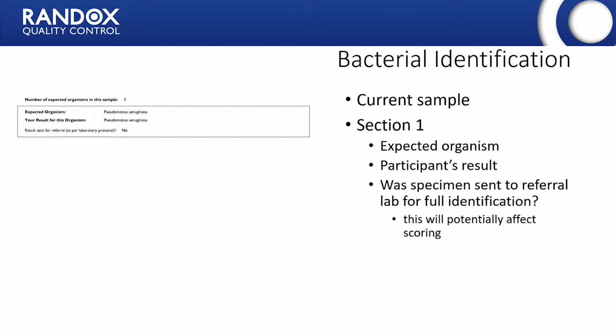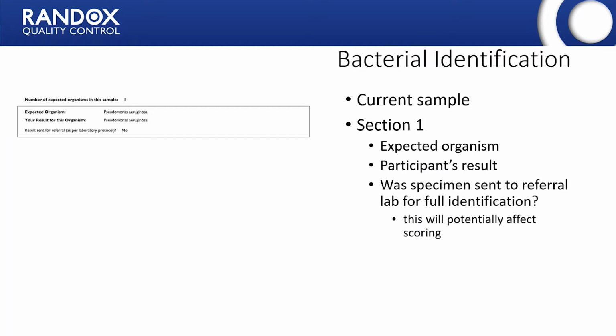If this is part of their protocol, then that's fine. They'll still, as we'll see in the next section, get scored based on the results which are coming back from that referral lab, but they'll be scored at a lower value because they didn't actually do that themselves.